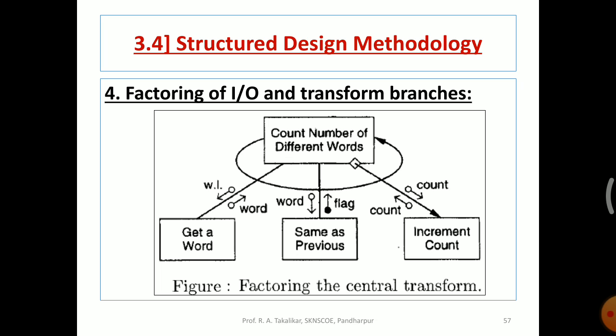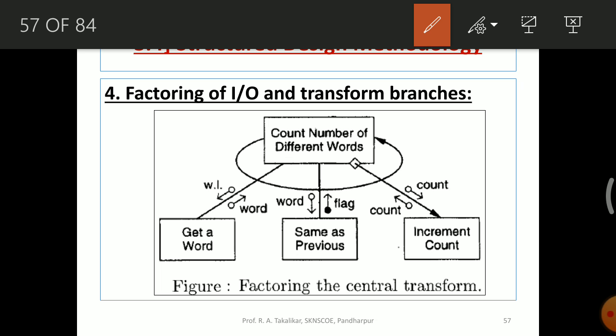If you keep on factoring repeatedly, you will get a hierarchical structure. Finally you will have a big hierarchical structure, where there will be a single main module at the top and n number of atomic modules at the bottom, with the non-atomic modules in between.